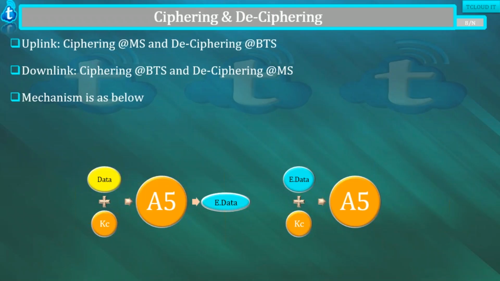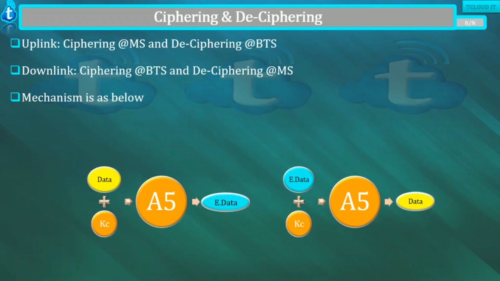MSC forwarded this KC to BSC, BSC forwarded it to BTS. So BTS, using that KC along with this encrypted data, sends it to the A5 algorithm. What does the A5 algorithm on the BTS do? It deciphers that data. Normal data will be extracted, but who can extract this data? Only the ones who have this KC.